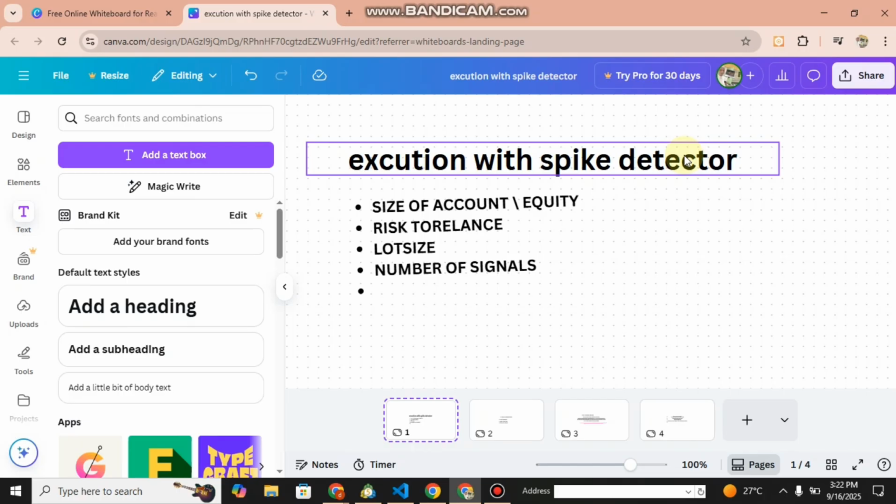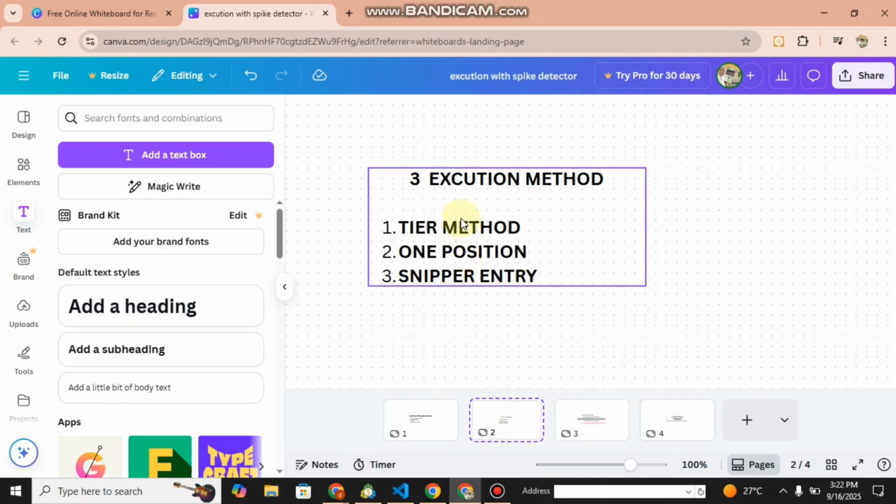But before that, I would like you to know about the three execution methods we have with the blueprint spike detector. We have the tier method, the one position method, and the sniper entry method. The one we shall be focusing on in this video is the tier method, and that is the one I want all of us to be using.